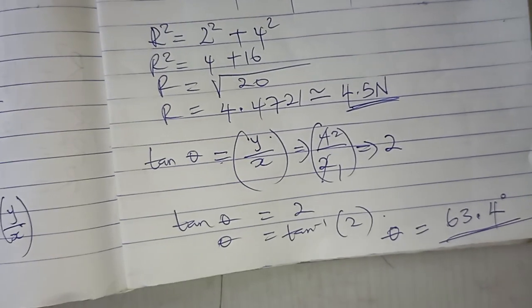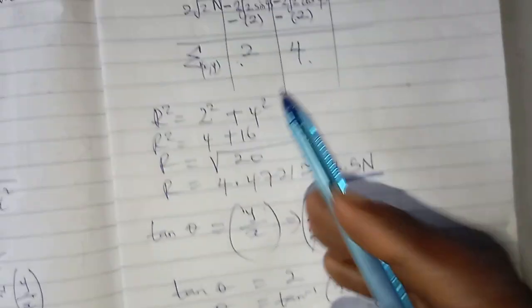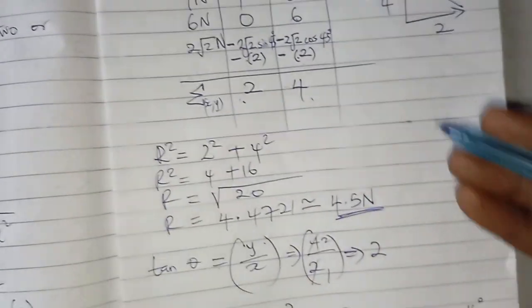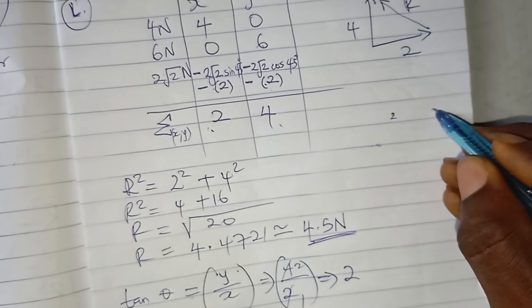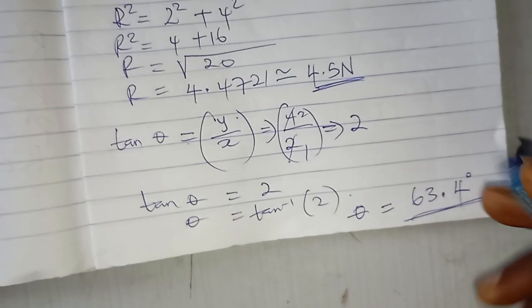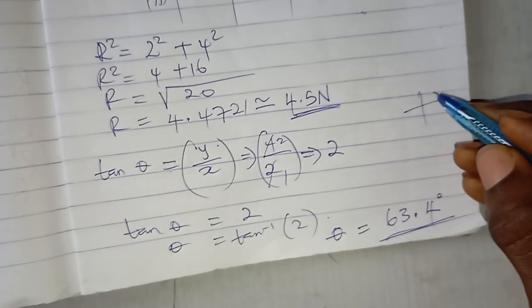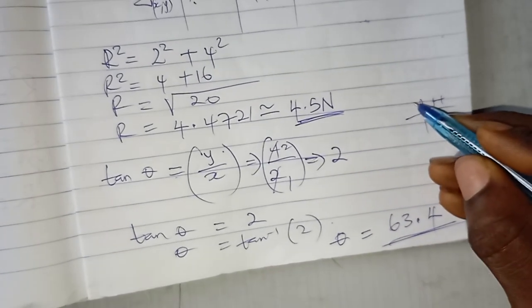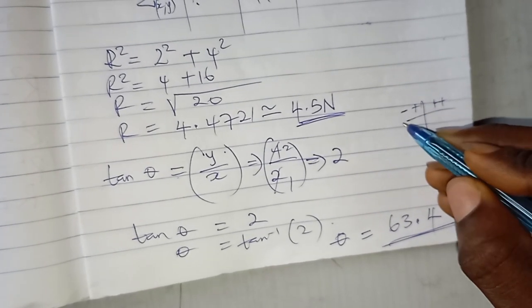So you see it, this is in the first quadrant. But assuming maybe y is minus, maybe we have x to be 2 and then y minus 4. The minute I finish and I get this 63.4, I will go and check. First quadrant, I have plus plus. Second quadrant, I have y to be plus, x to be minus.